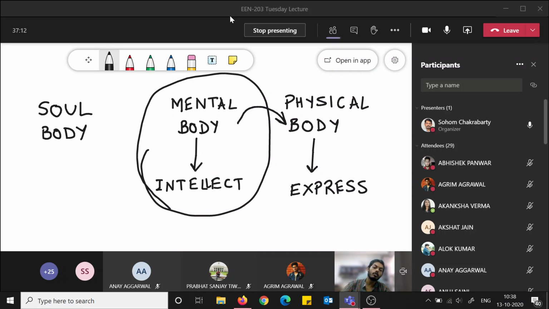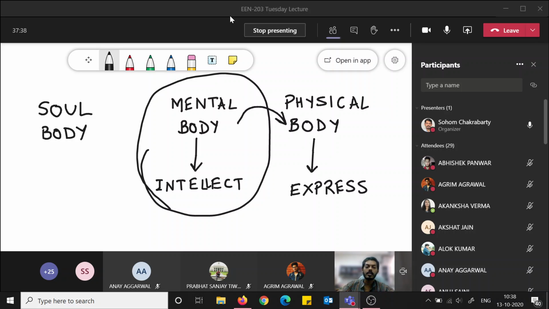You have heard about soul. In common terms also you say a lot of things about soul. So what is that soul actually? What is that soul and what is its characteristic? How is it active in us?